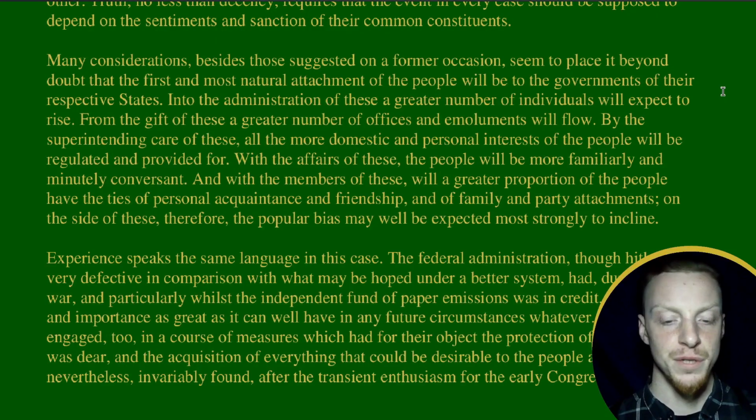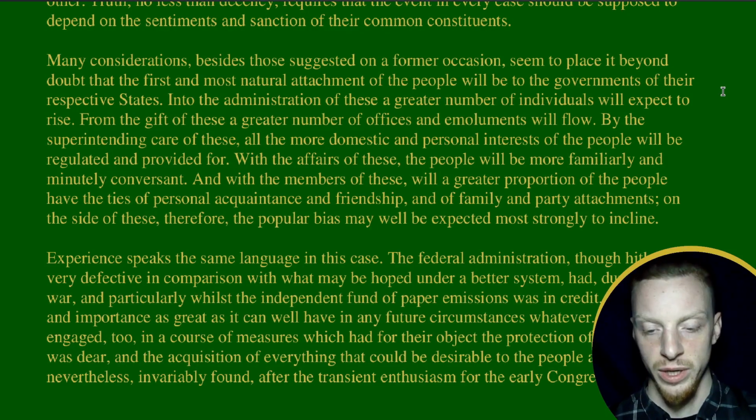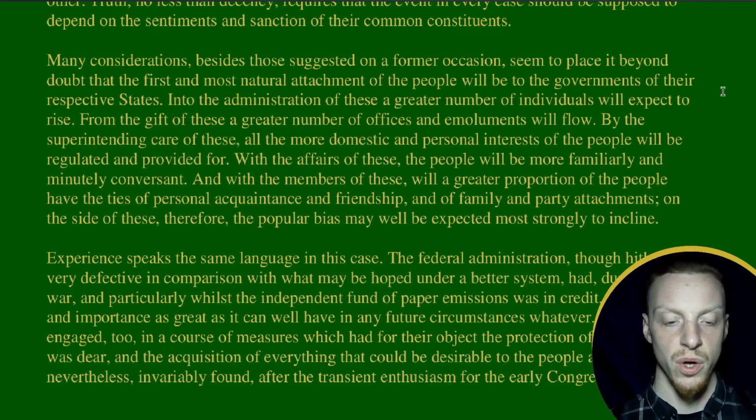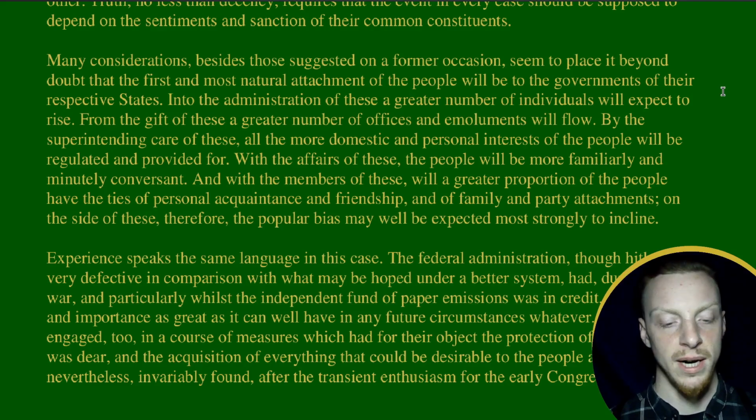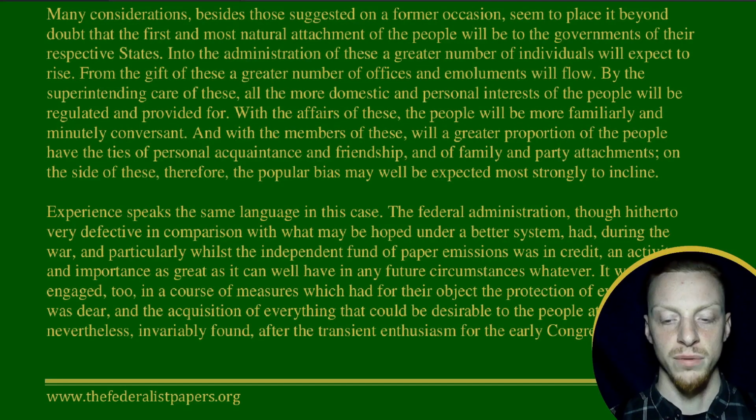Many considerations, besides those suggested on a former occasion, seem to place it beyond doubt that the first and most natural attachment of the people will be to the governments of their respective states. Into the administration of these a greater number of individuals will expect to rise. From the gift of these, a greater number of offices and emoluments will flow.